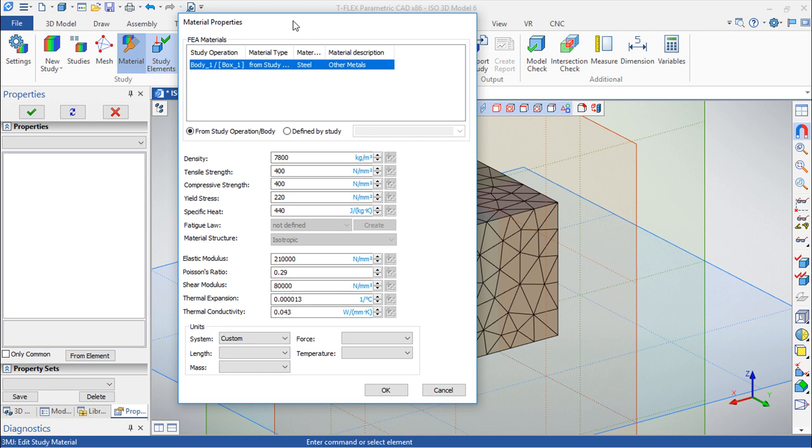And we have a couple of main properties which are very important, and each user should be aware and should know very well what they mean and what they are.